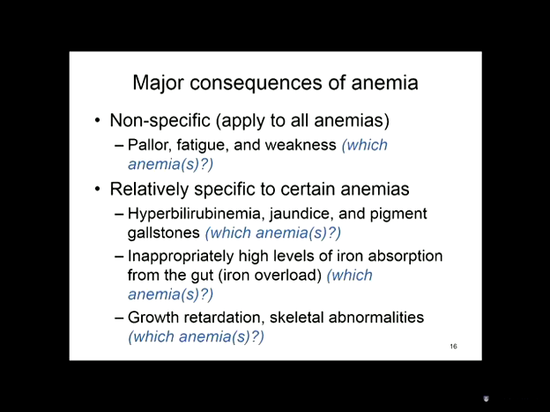But also malnutrition in children, which is more likely to occur in, let's say, Africa, Asia. Even iron deficiency anemia due to malnutrition can lead to growth retardation, skeletal anomalies. So it matters when the anemia developed. If it's in a child and it's severe, whether it's acquired or congenital, growth retardation and skeletal abnormalities can be evident.